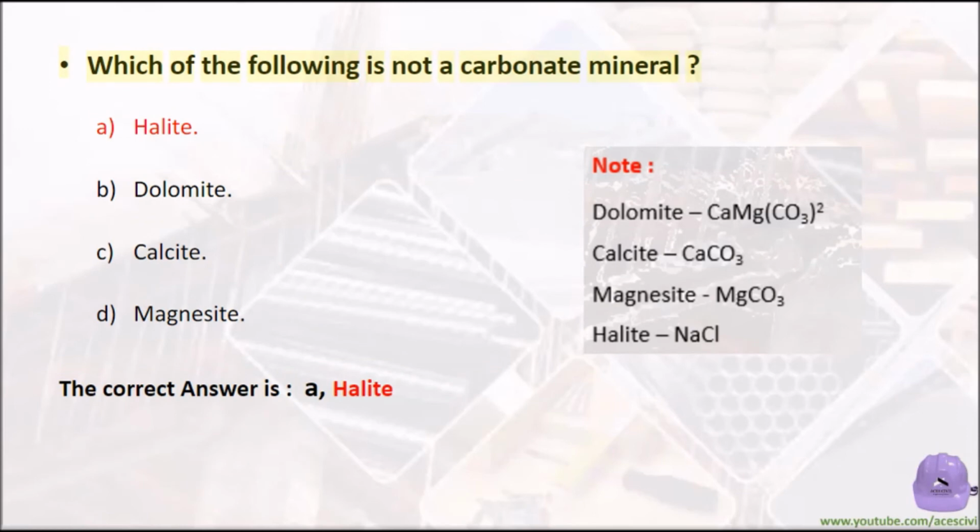Which of the following is not a carbonate mineral? A. Halite, B. Dolomite, C. Calcite, D. Magnesite. The correct answer is A. Halite.